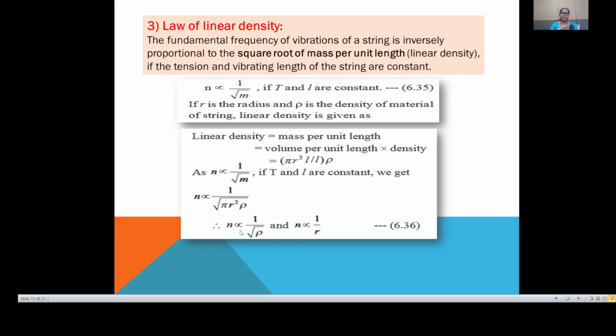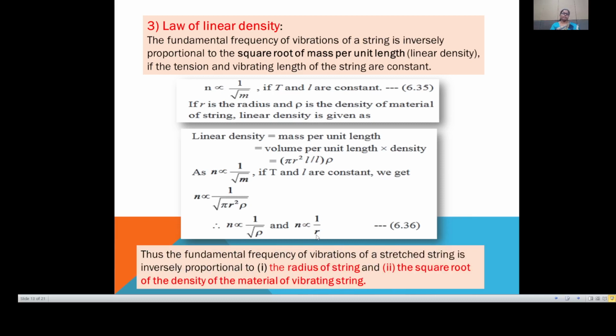Therefore, N is inversely proportional to the square root of density, and N is inversely proportional to the radius. Thus, the fundamental frequency of vibration of a stretched string is inversely proportional to the radius of the string and the square root of the density of the material of the vibrating string.